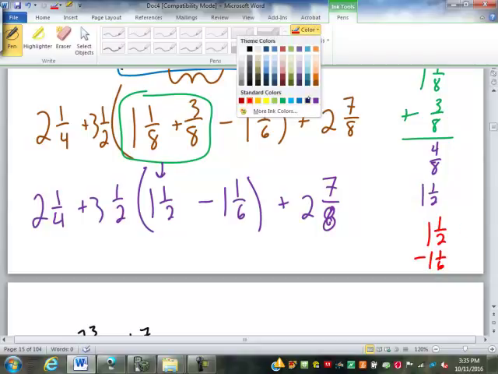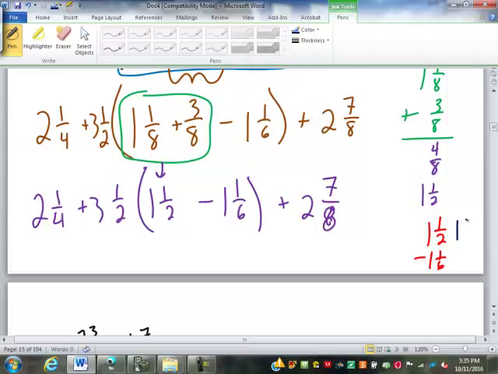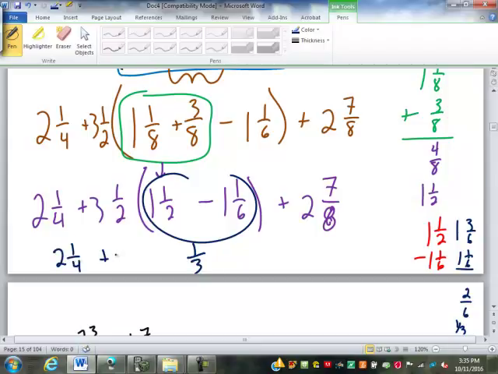I'm going to change the 1/2 to 3/6. 3/6 minus 1/6 is 2/6, which is 1/3. 1 minus 1 is 0. So this all becomes just 1/3. So now I can remove the parentheses. So I have 2 1/4 plus 3 1/2, times the 1/3 plus 2 7/8.